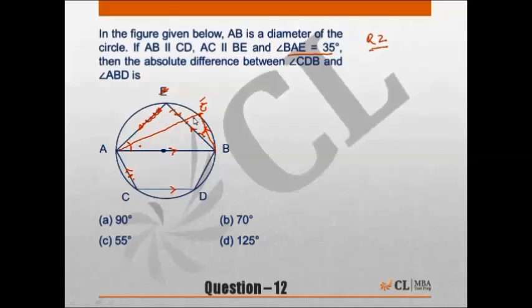Now this is obviously an angle in a semicircle, so there is a 90-degree angle. As per the question and as per figure, this is a 35-degree angle. We need to find the absolute difference between angle CDB and ABD. CDB is this angle and angle ABD is this angle. Now if you look at this figure, this angle is more than 90.